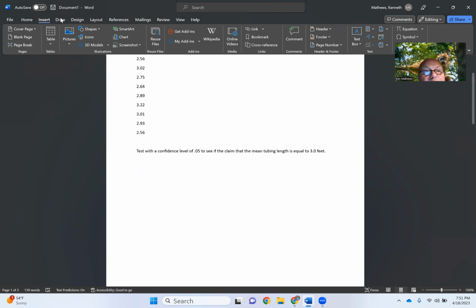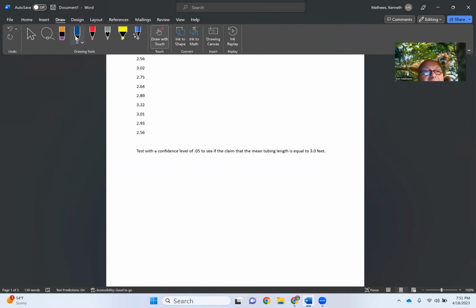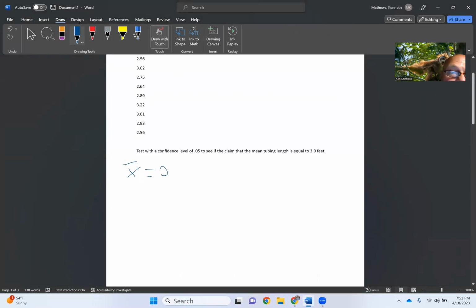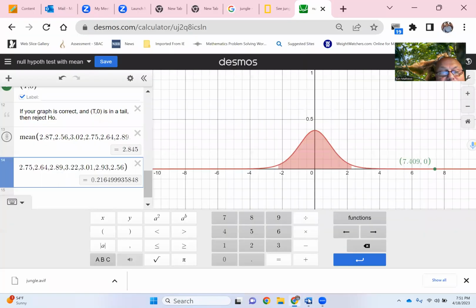All right, so I'm going to go to draw and use this pen. Okay, so what do we know? We know our sample mean is equal to a number that I forgot, 2.85. And we know our sample standard deviation is equal to 0.22.